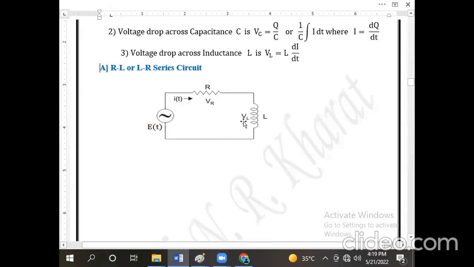We have to find the value of I, which depends on the R and L connected in series, meaning how many ohms of resistor and how much inductance is connected in that particular circuit. According to the value of R and L, the current is flowing in this circuit. We have to calculate that current with the help of the differential equation.